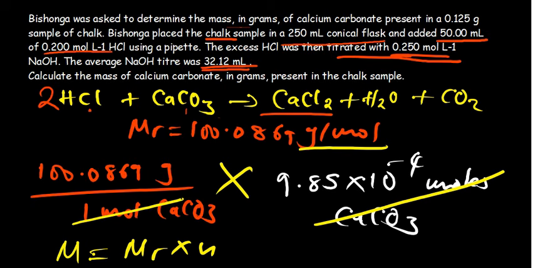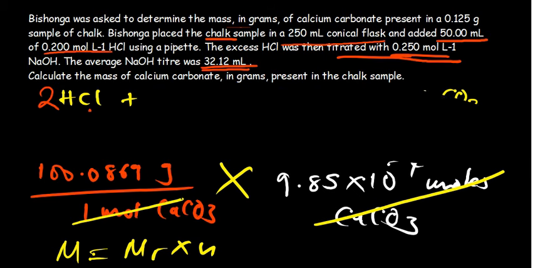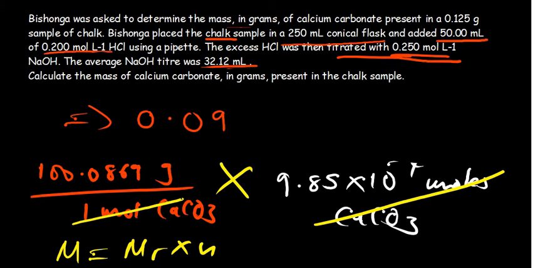So look at our number of moles multiplied by our molar mass. What answer are we getting? After performing all the calculations, the result that I'm getting is 0.098598 grams of calcium carbonate was present in the chalk.